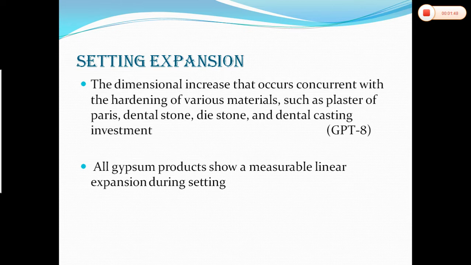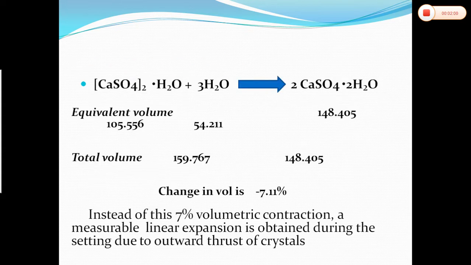All the gypsum products show a measurable linear expansion during setting. Note this point. All the gypsum products show linear expansion. If you see the formula, or if you see by volume, calcium sulfate hemihydrate plus water gives rise to calcium sulfate dihydrate. Volume wise, 105.556 plus 54.211.